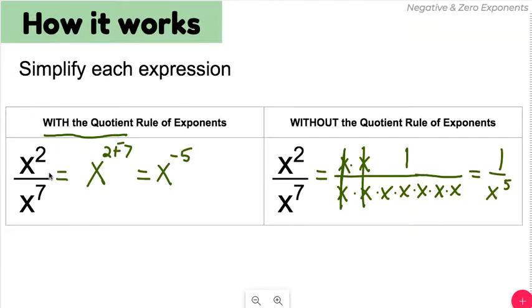So again, by default, my left side has to equal my right side because x squared over x to the 7th equals x squared over x to the 7th. So I could say that x to the negative 5th power equals 1 over x to the 5th.